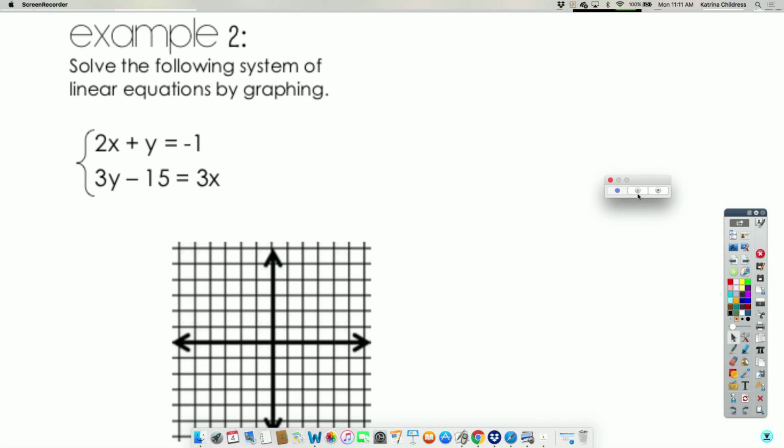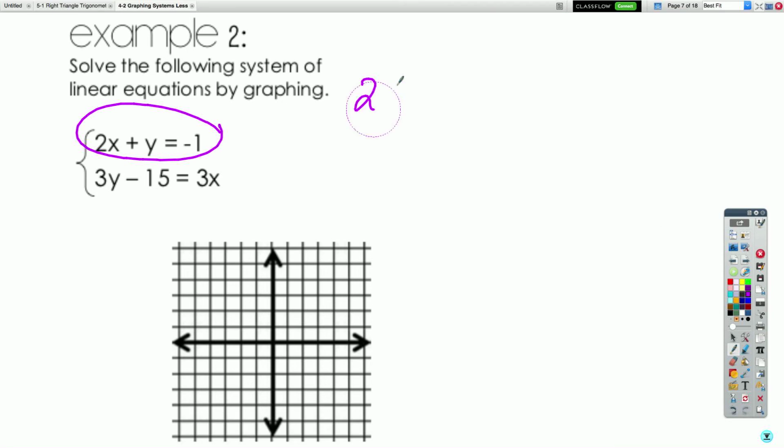All right, so after we get the first one in slope-intercept form, or let's actually do it, what's the very first thing you do, Cameron? How are you going to put this one right here in slope-intercept form? You're gonna have to move something. How?